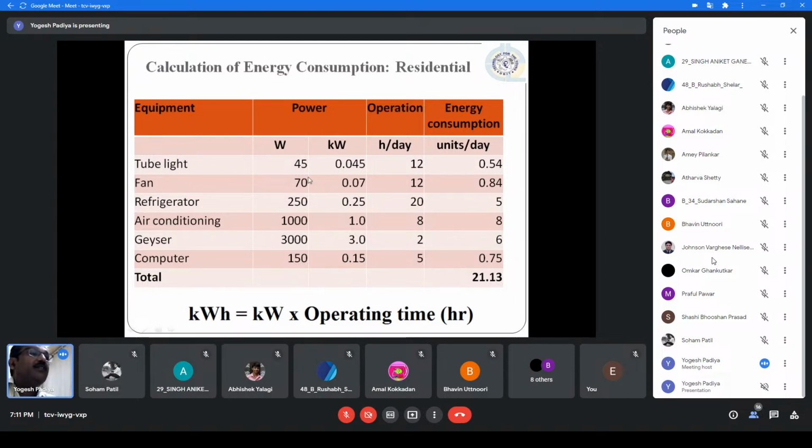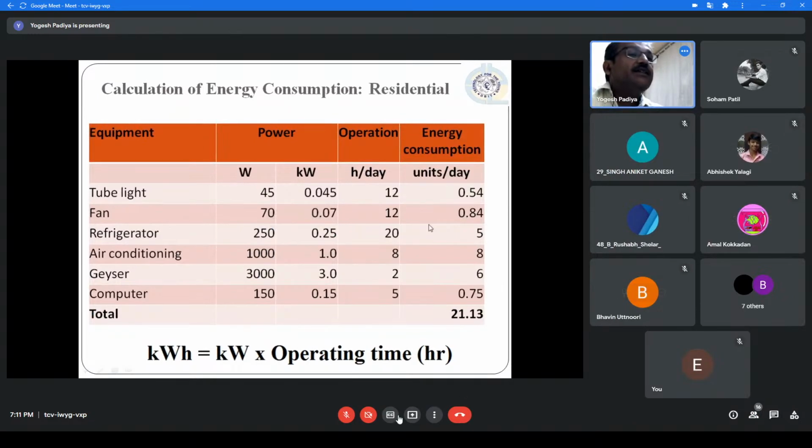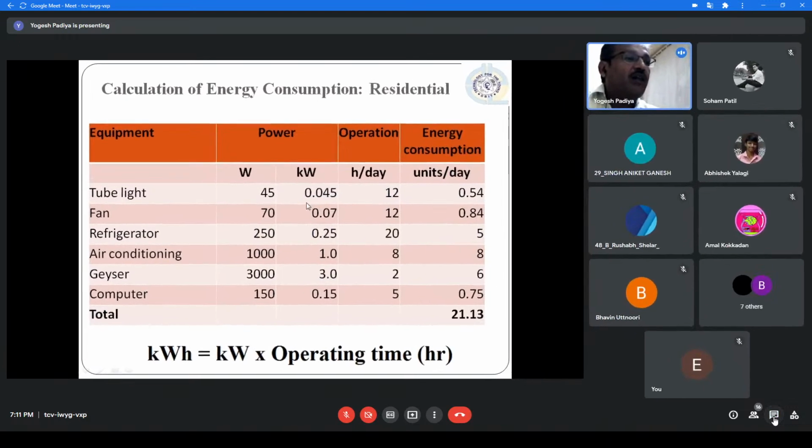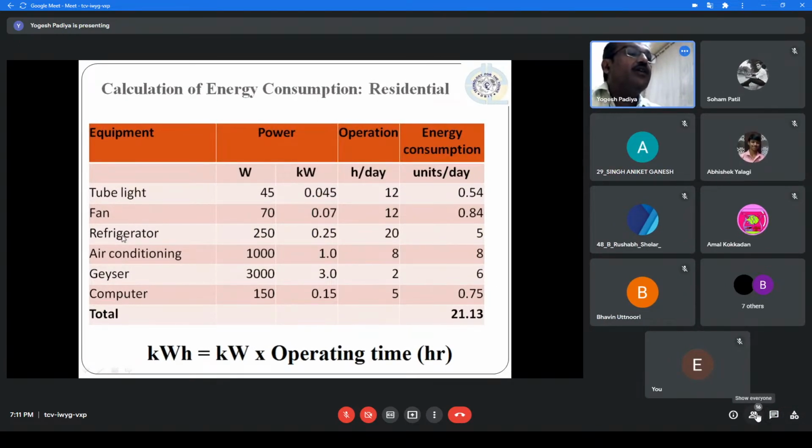At the same time, the fan has a power consumption of 70 watt. As compared to this, the number is too small. It means that if the fan runs for 12 hours in a day, it will consume less than 1 unit per day. So you calculate how many tube lights you have, how many fans, how many refrigerators, how many air conditioners, how many geysers, and how much time each runs.